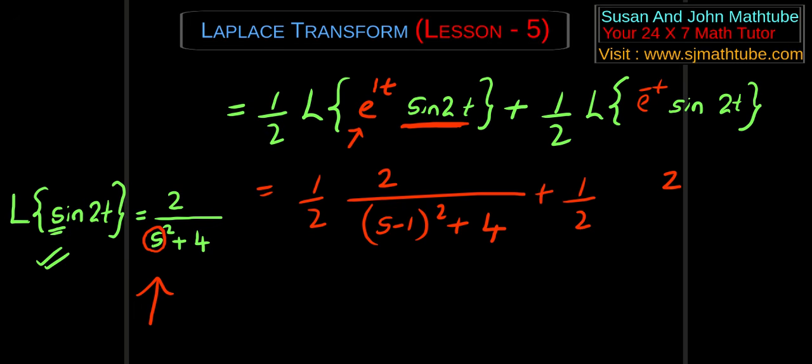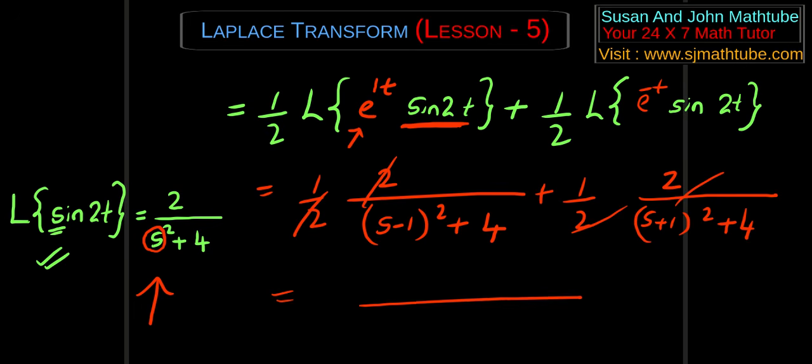It's also the same thing, 2 by, but what is the coefficient of t? So s plus 1 the whole square plus 4. I hope you understood that, but in the exam you should not leave it like this. You should take LCM and put it in proper form, simplify as much as you can for the exam.